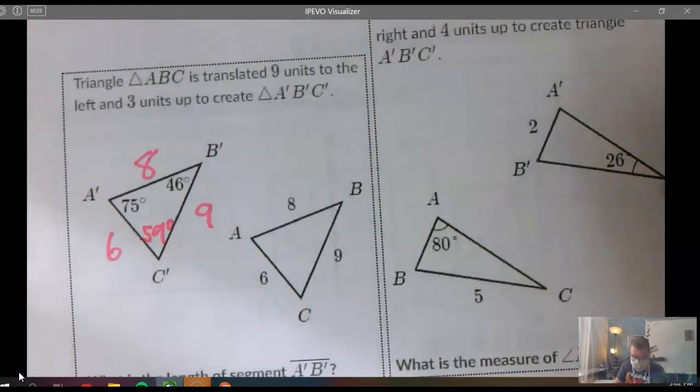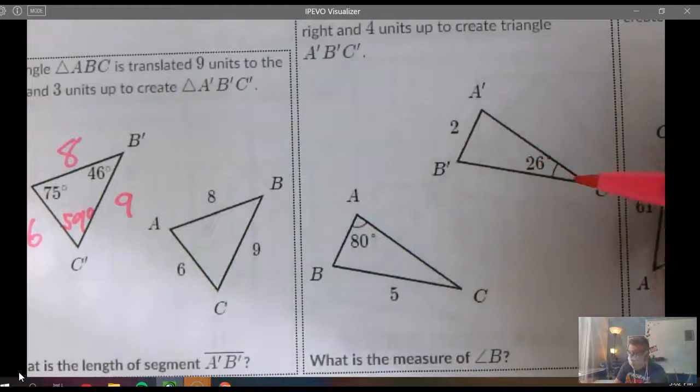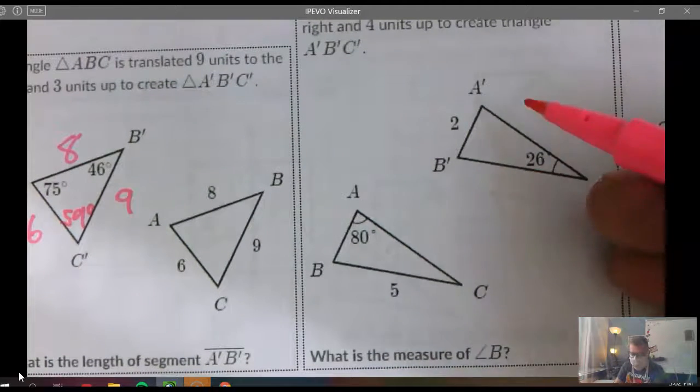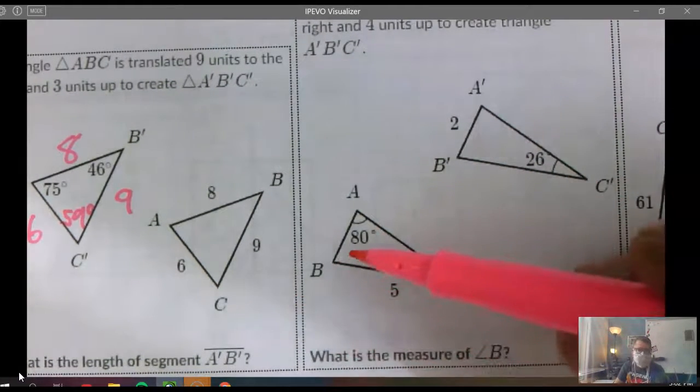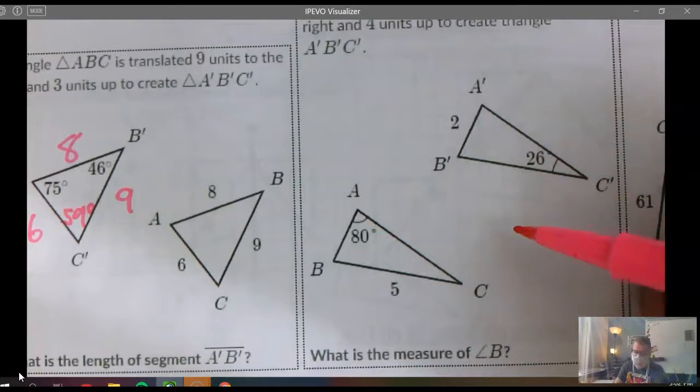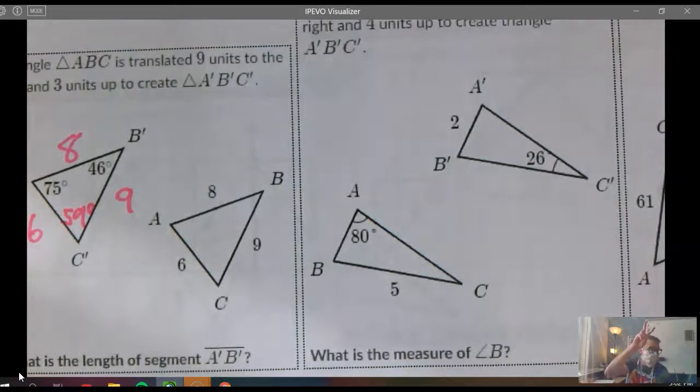Yes. So, second one here, same story. What is the measure of B? Aha! Here's where we have to use that triangle sum. If in the first one it wasn't evident how we were doing this witchcraft, if we know 2 of the angles, we actually know the third.